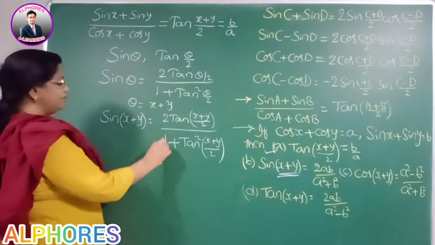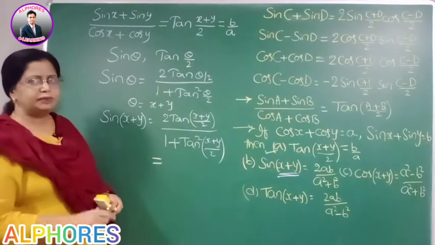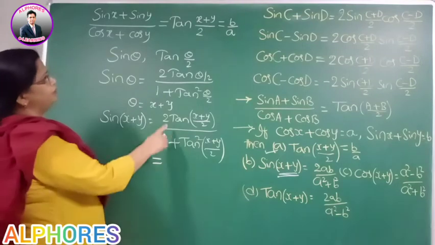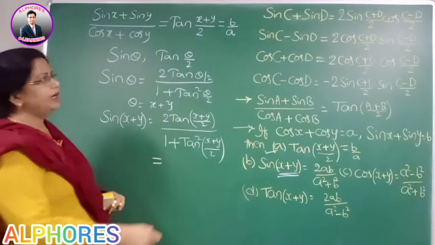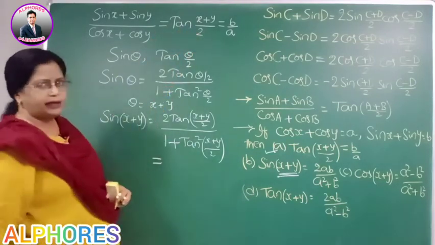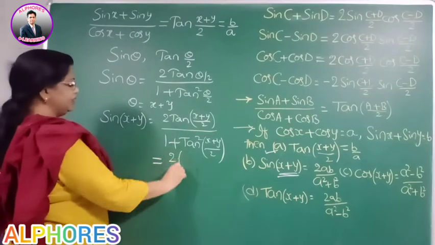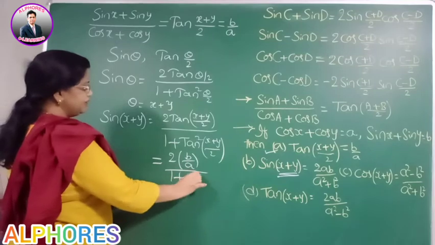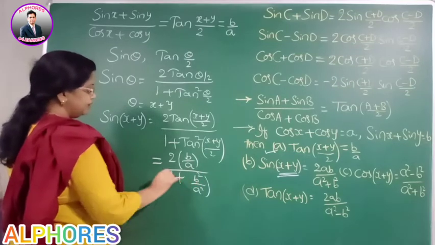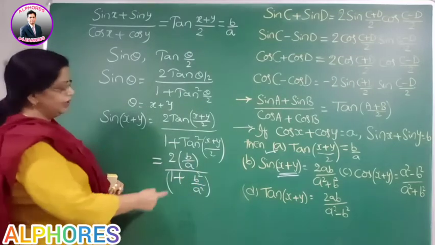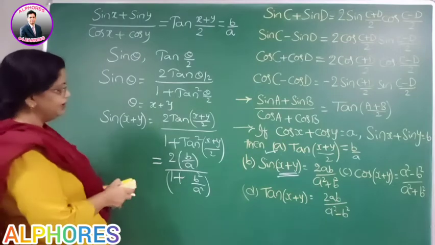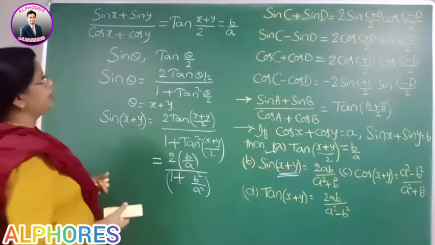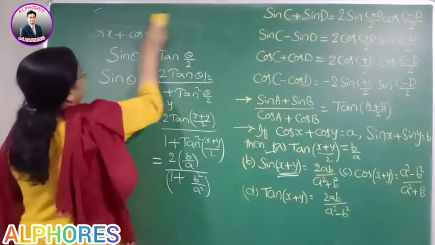And now I am going to substitute the tan (x plus y) by 2 value. What is tan (x plus y) by 2 value? It is b by a. Therefore, we are taking 2 times b by a divided by 1 plus b square divided by a square. Got it? Now let's take LCM in the denominator, and thereby you can obtain a known value.